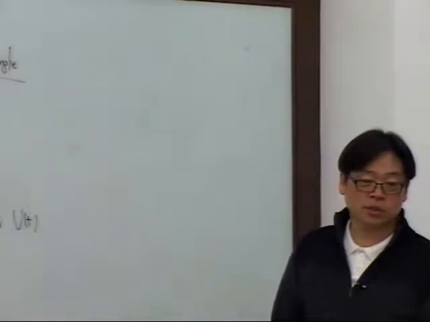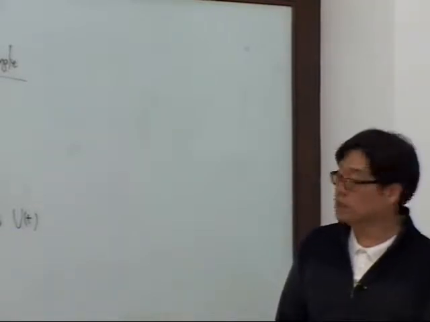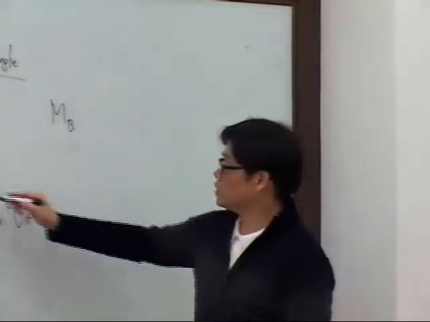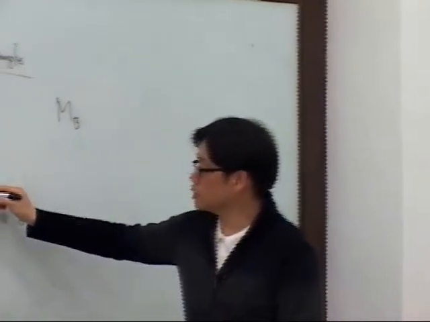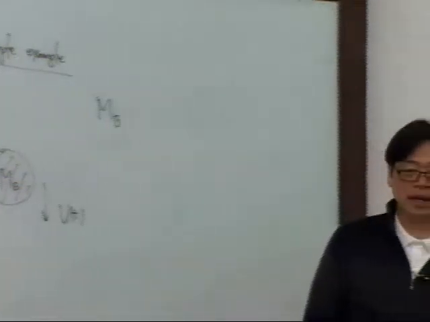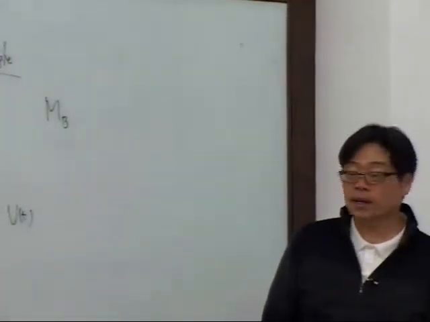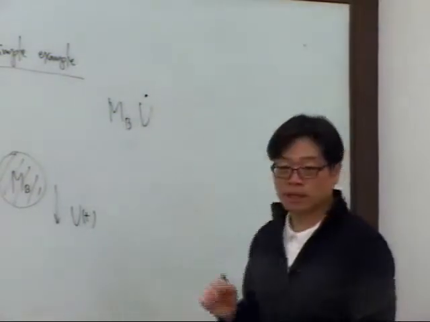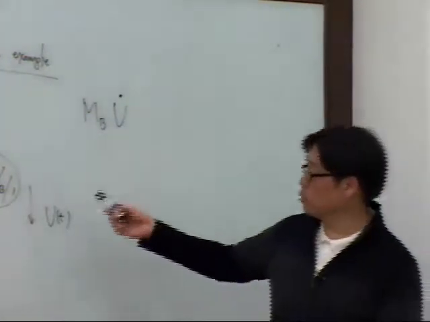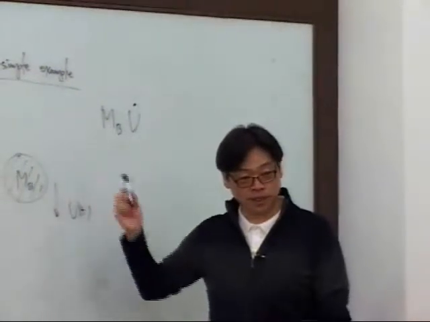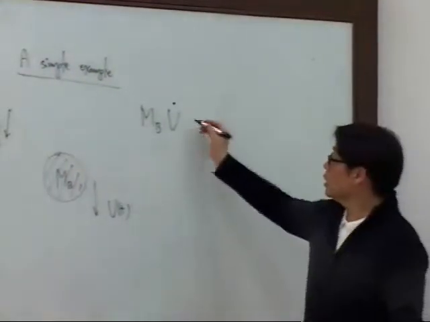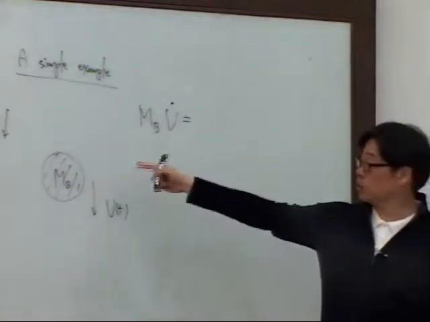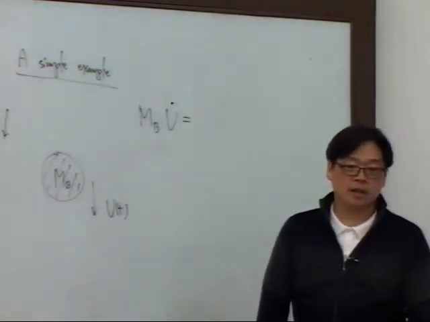So we use Newton's second law, right? So what do we do? We say this circular cylinder has a mass m sub b, times u dot. So that's the real mass of the cylinder times the acceleration. That has to be equal to the force applied to this cylinder, right?